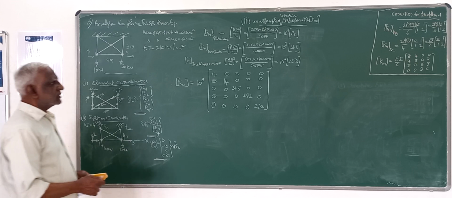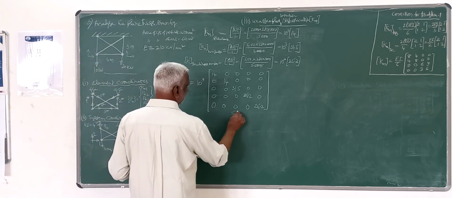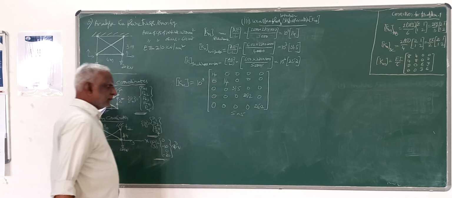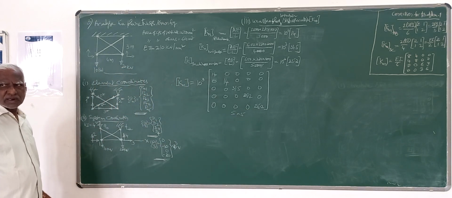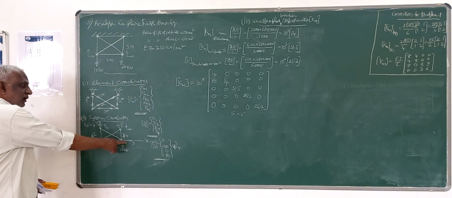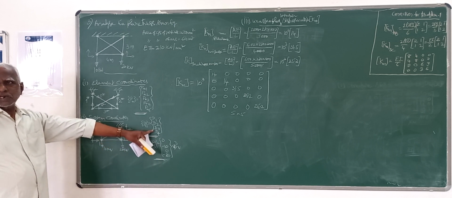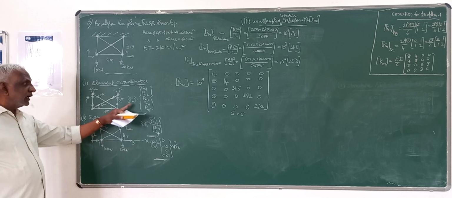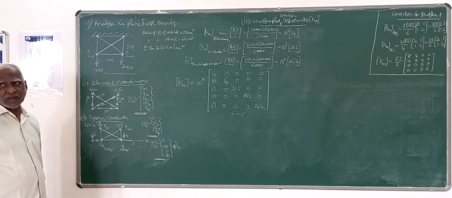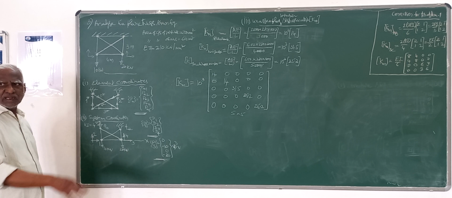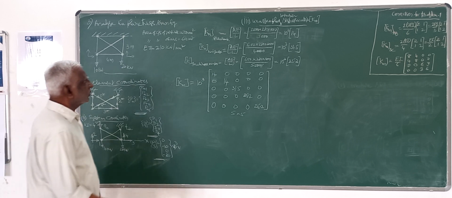This is a 5 by 5 matrix, because there are 5 elements. The 4 global coordinates, the unknown displacements, are 4 by 1, and the member forces are 5 by 1.